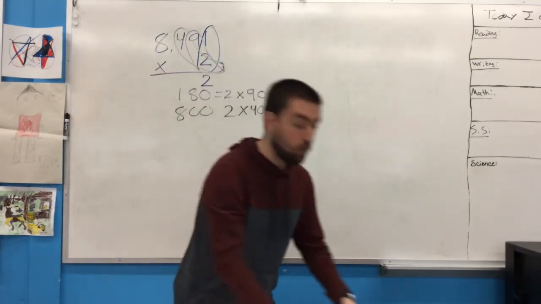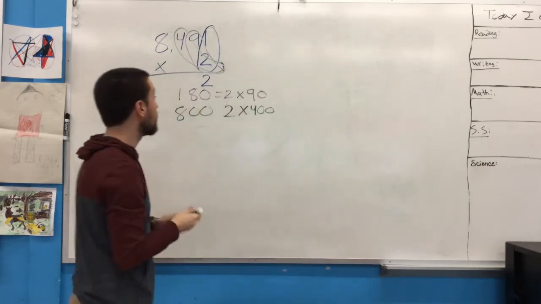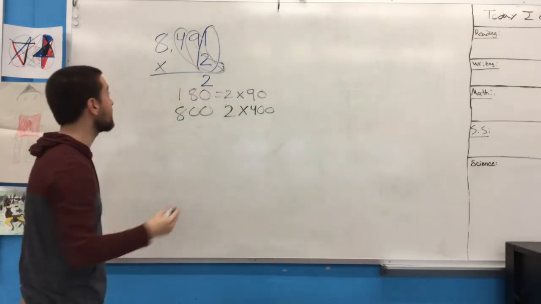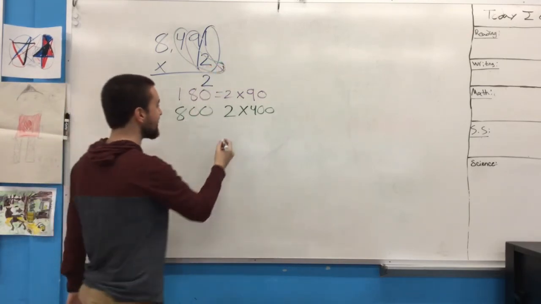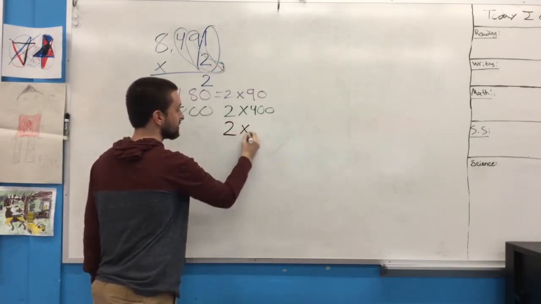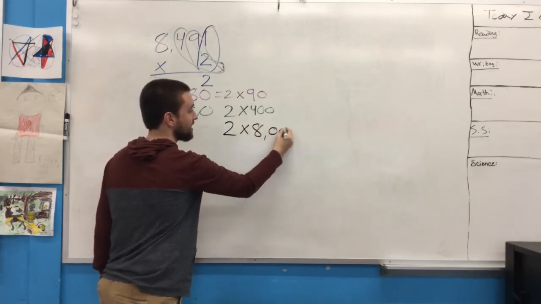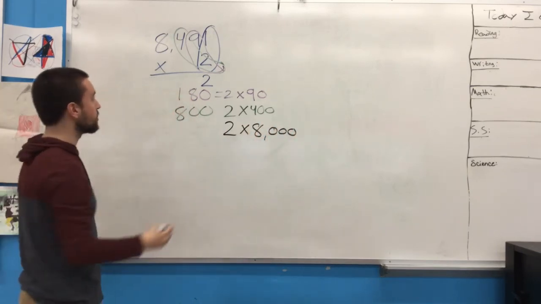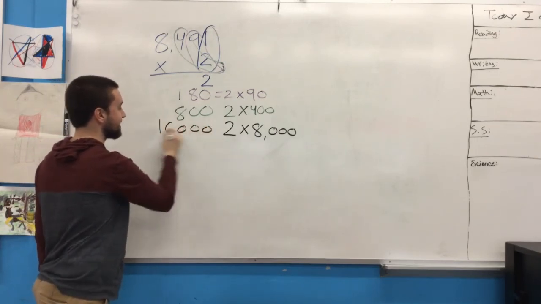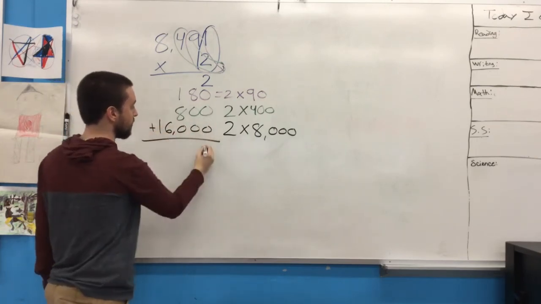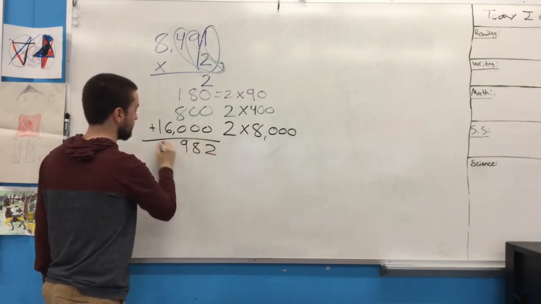Then we have one more step to go, and that is 2 times 8, which isn't an 8, it's an 8,000. This is 2 times 8,000, which is going to give us 16,000.